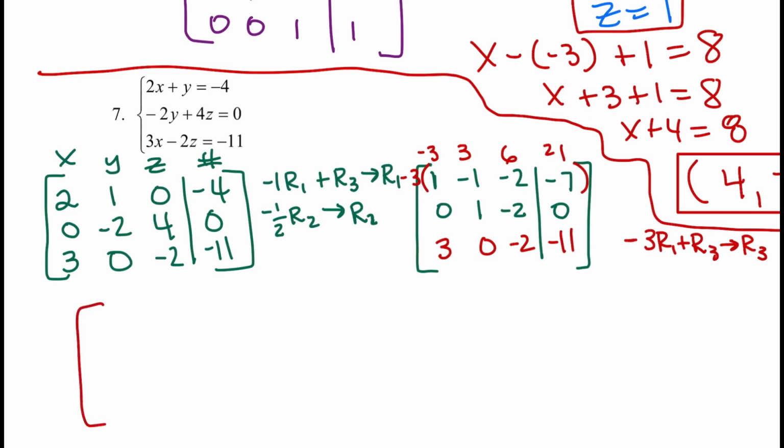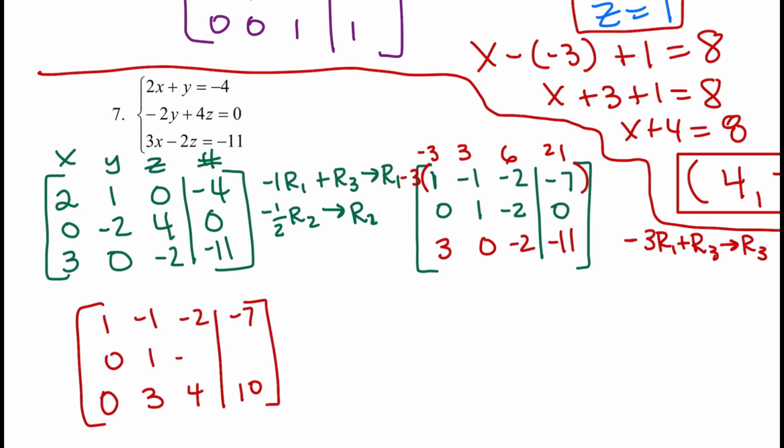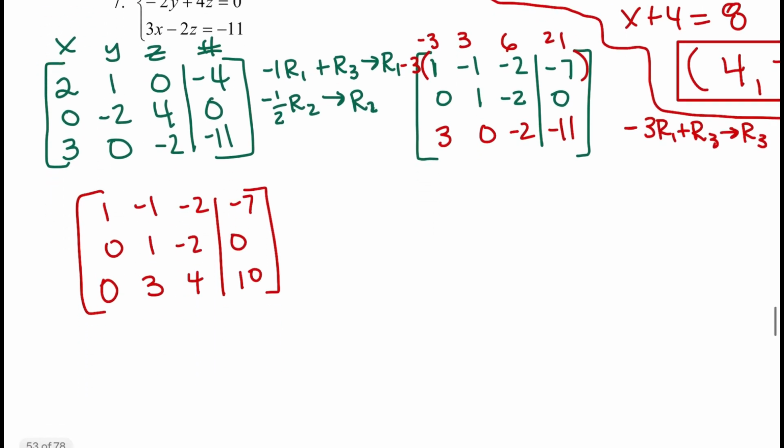Then we add rows 1 and 3 together. -3 plus 3 gives me 0. 3 plus 0 is 3. 6 minus 2 is 4. And 21 minus 11 gives me 10. And I'm going to rewrite 1, -1, -2, -7, 0, 1, -2, 0.